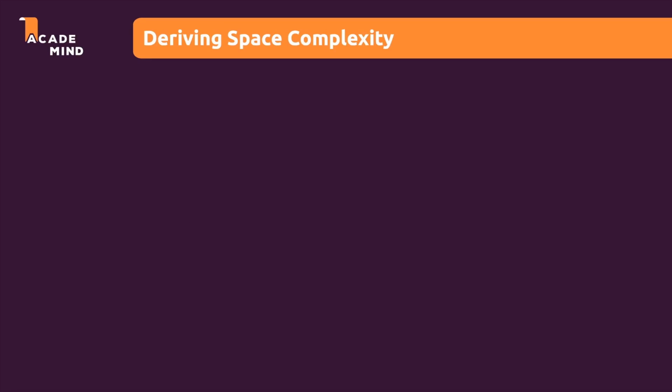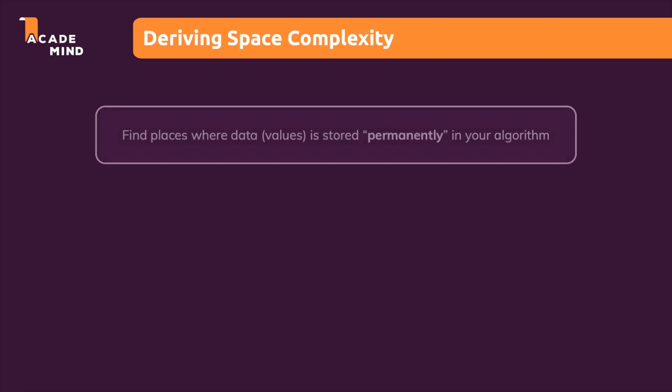So how do we derive space complexity then? It's relatively straightforward. When we analyze our algorithm and we want to judge the space complexity, we have to find places, lines of code in our algorithm where values are stored "permanently" in memory. Now, with permanently, and that's why I put it between quotes, I don't mean that it's there forever.